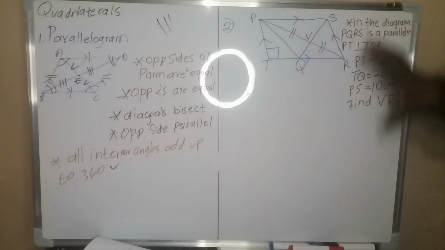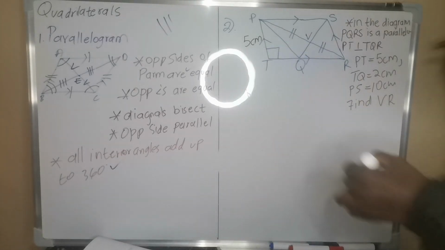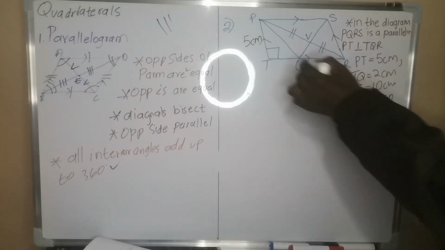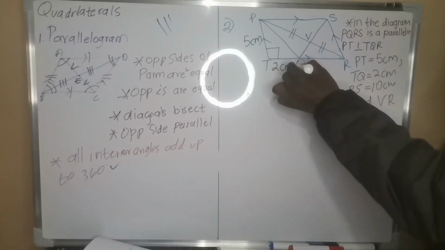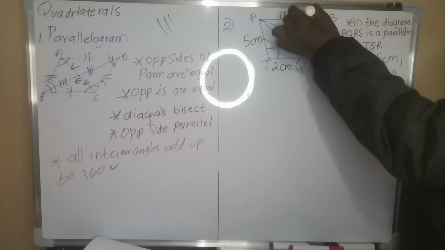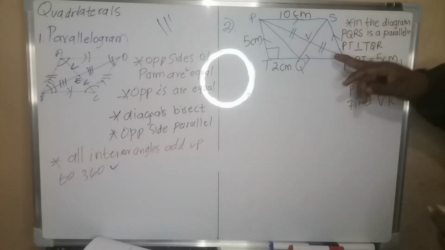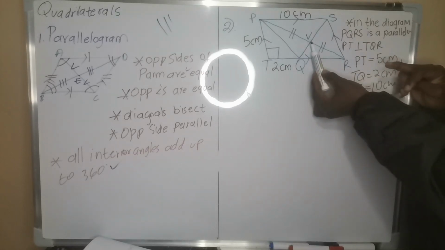How are you going to find VR in this case? So PT is 5 centimeters, TQ 2 centimeters, PS 10 centimeters. Now we're going to find VR, this side VR.